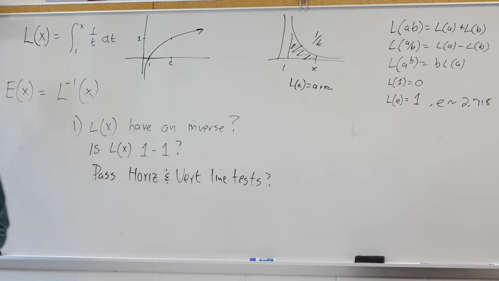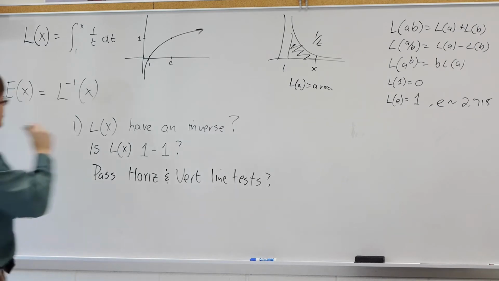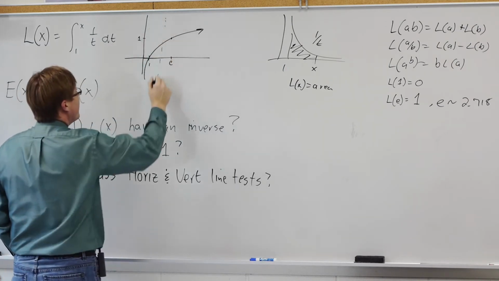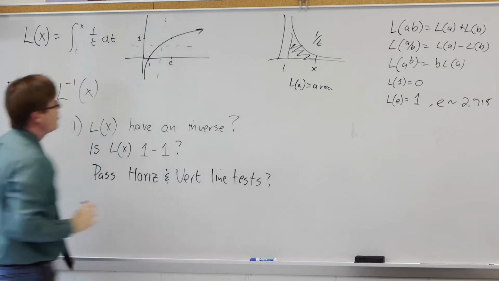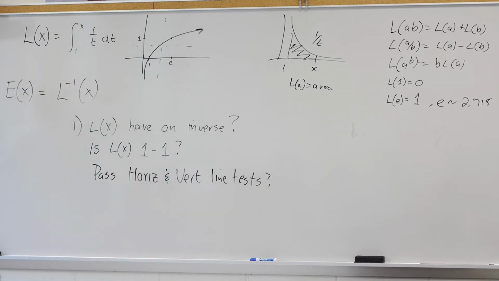What I mean by that is, if you run any horizontal line or vertical line across the function, does it ever intersect the function more than once? And does L of x seem to be one-to-one? Yes. Based on what we know? Yeah. L of x certainly seems to be one-to-one because any slice I take through it is only going to intersect it once.